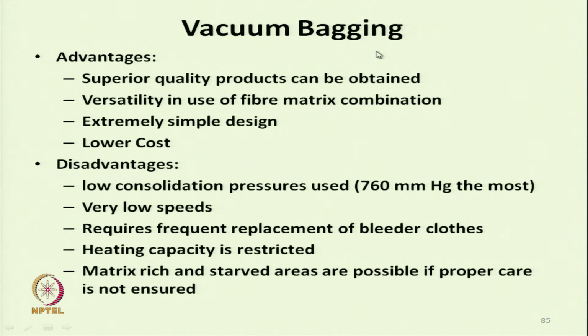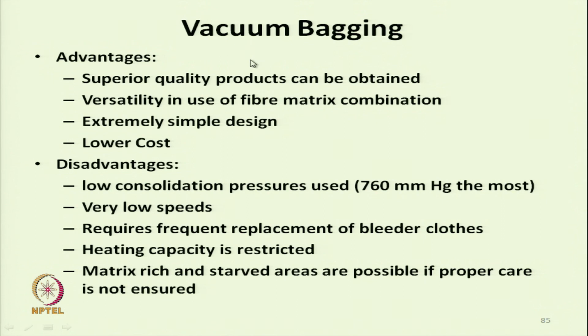The main advantages are that superior quality products can be obtained, and there is versatility in use of fiber matrix combinations, but here we can use only the thermoset matrix, though different types of fibers can be used. It is very simple, one can easily design this type of manufacturing method, and it is low cost.